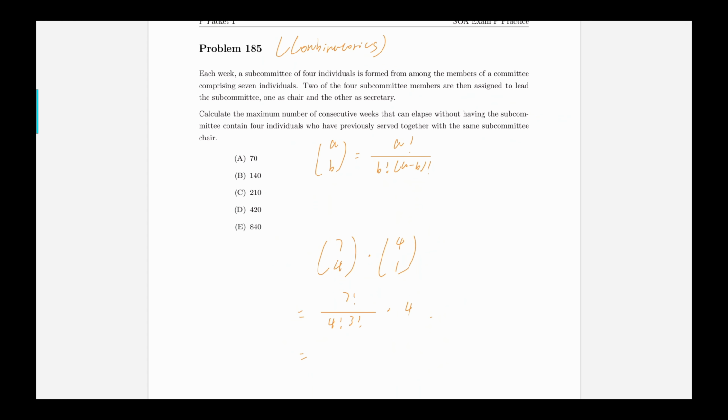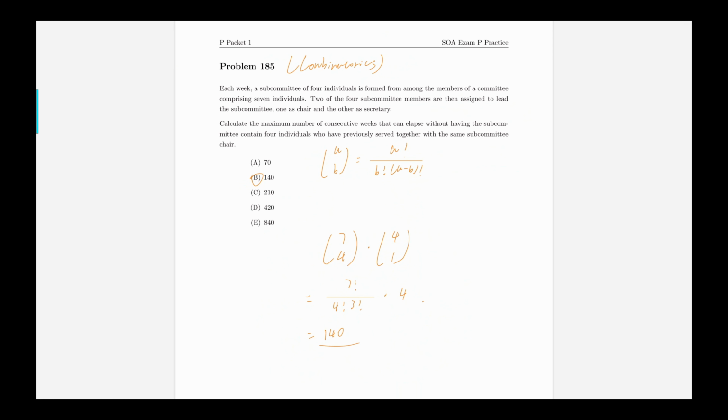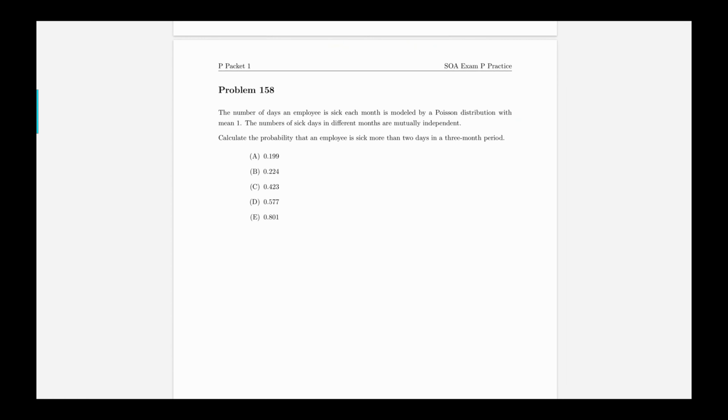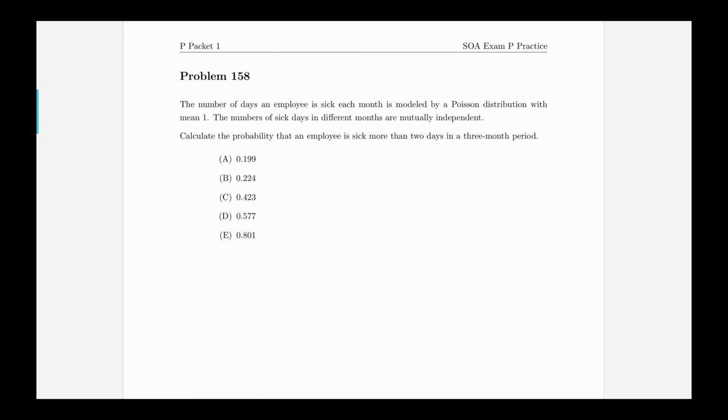Okay, so I'm getting 140, and that's the answer. So that was a quick one. Let's go ahead and jump to the next question. And I think this is the last question.